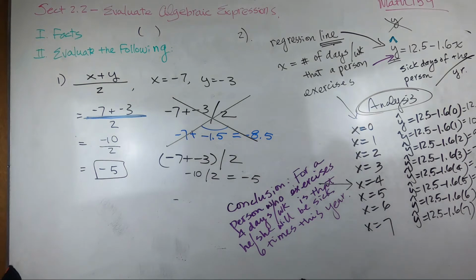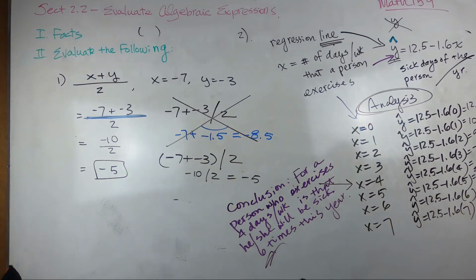Since we are predicting the number of days a year being sick, it is a good idea to round to the nearest whole number. It was 6.1, so we just say 6, rounded to the whole number. The best prediction for the number of sick days for a person who exercises 4 days per week is that there would be 6 days this year.